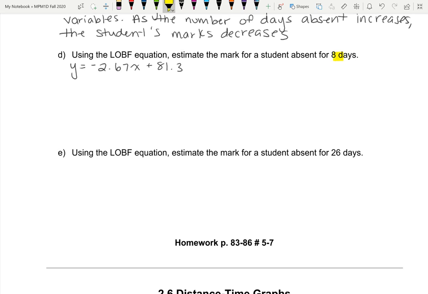So I'm going to sub 8 in for x and solve for y.